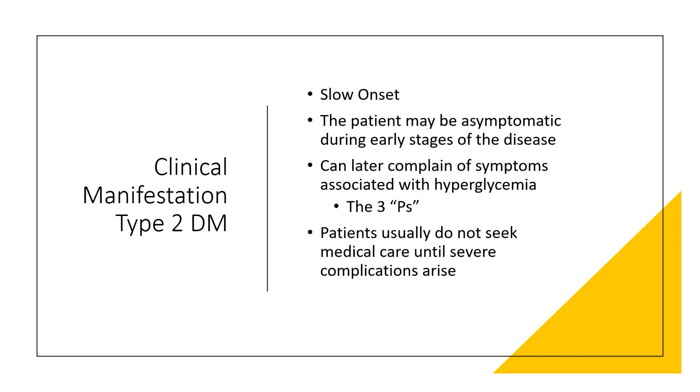Okay, so they can complain of symptoms later associated with the three P's, right? The polyuria, polydipsia usually, and polyphagia. They may or may not lose a little bit of weight. It's not going to be as evident as your type 1 diabetics.